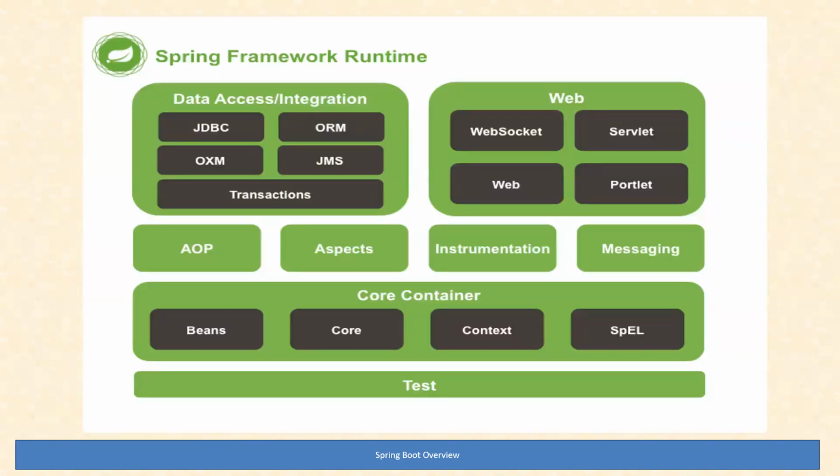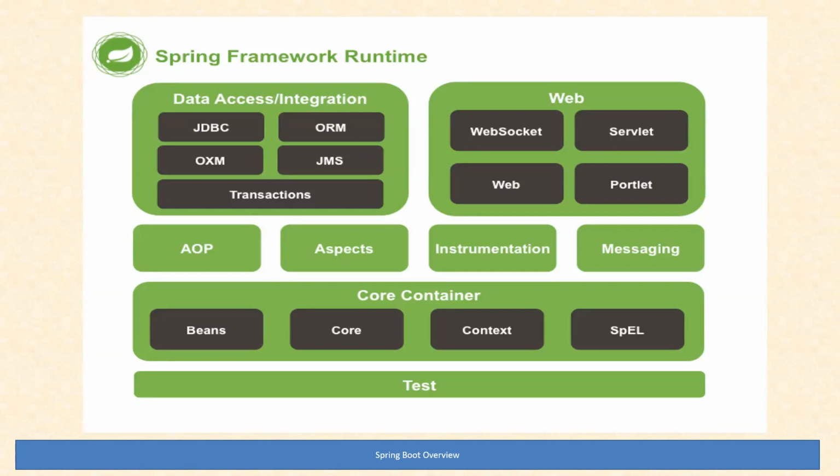So if you look at the Spring framework components, we have majorly data access and integration related things, web related things. Then we have AOP, aspect oriented programming. Then we have the Spring core container, and we have test related things also.